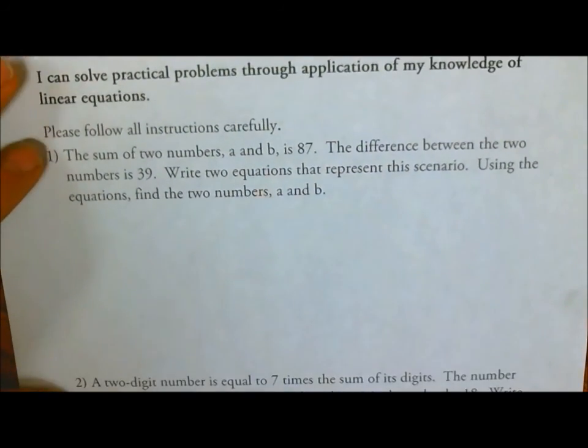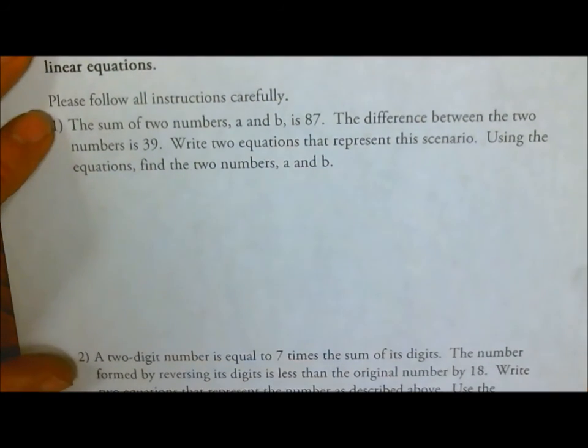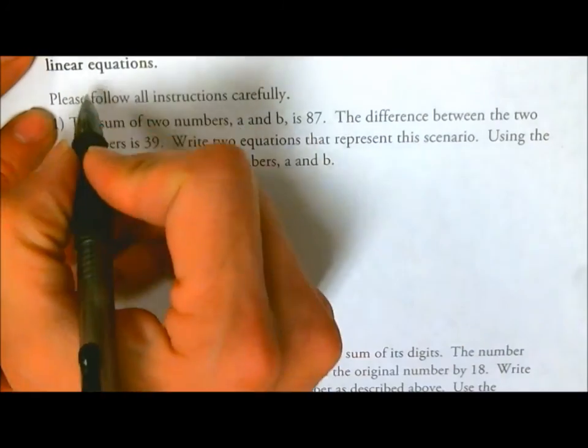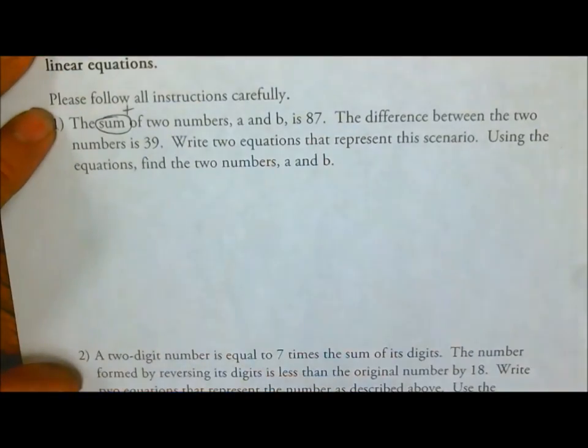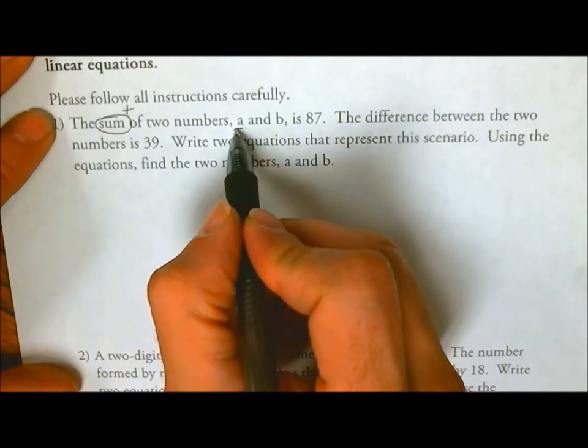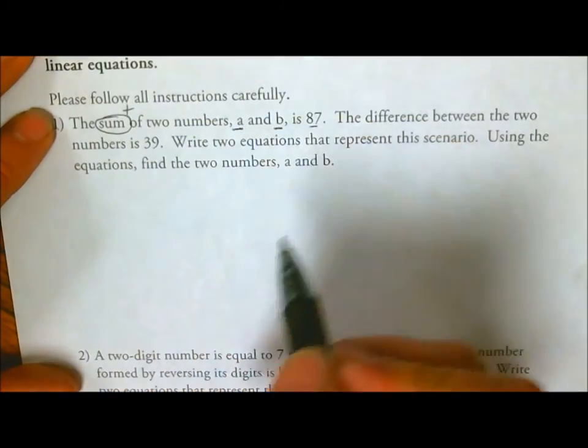Okay. Problem number 1 says the sum of two numbers, a and b, is 87. Before I go on at all, I look at that and think, the sum. What does the sum mean? Well, sum means addition. So two numbers being added together are going to equal 87.